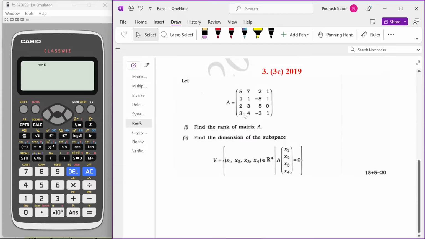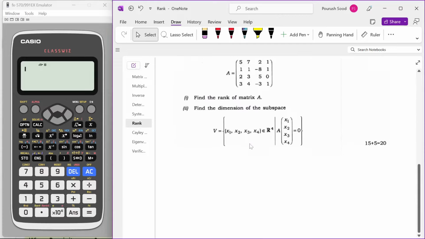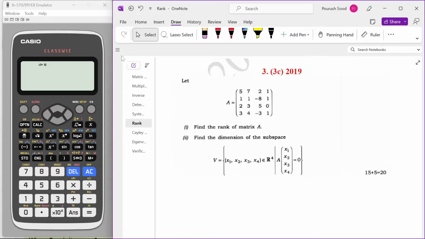So we need to find the rank of the matrix A, where A is equal to. So let me just copy this matrix down here. So A is equal to 5, 7, 2, 1, 1, 1, minus 8, 1, 2, 3, 5, 0, 3, 4, minus 3, 1. I'm just going to show you maybe partly how to do it.